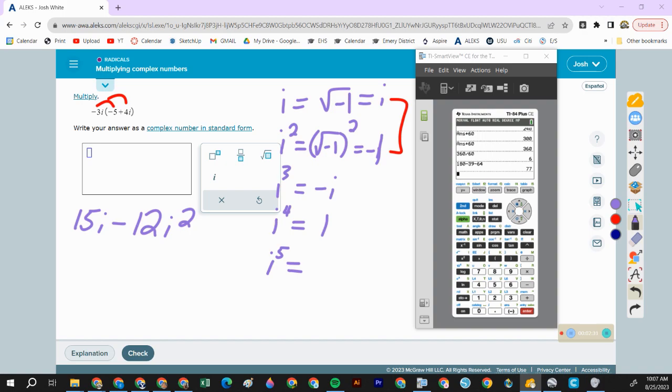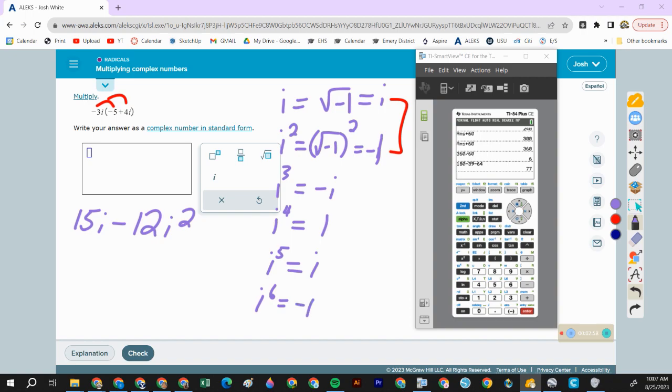That would be i squared times i to the third, or i to the fourth times i. There are lots of ways to do it, but no matter how you multiply them together, you get i. What about i to the sixth? That would be i to the fifth times i to the first, which is i times i, which is i squared, which is -1.